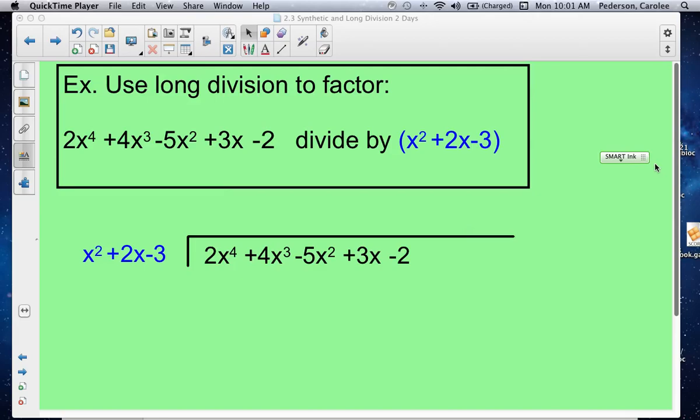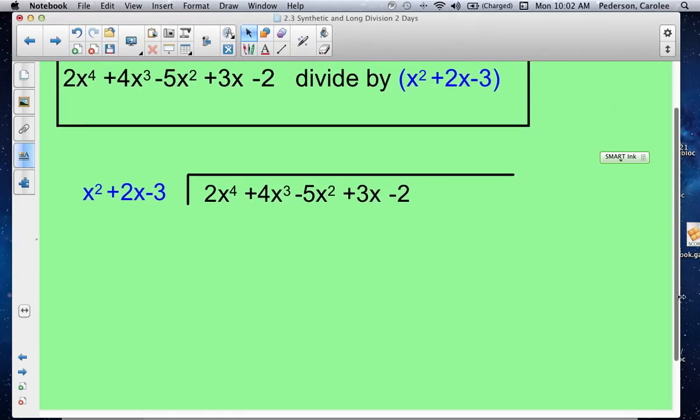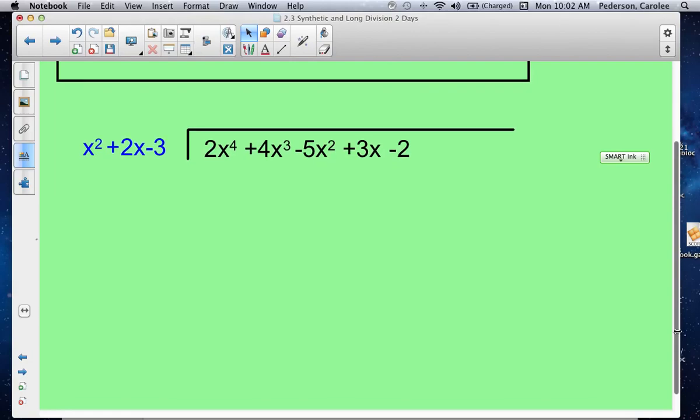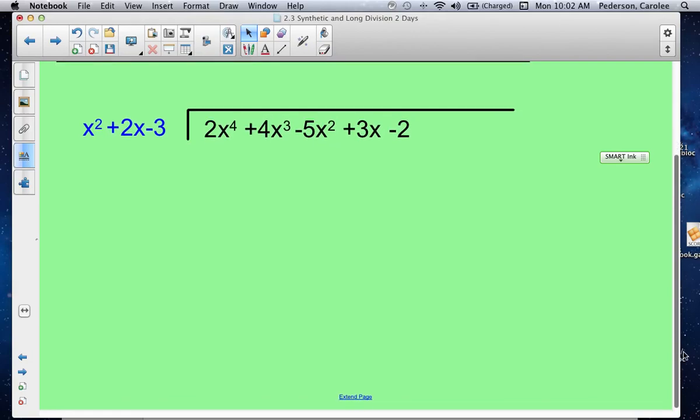So now we have a quartic dividing a quadratic. Look to see that you have all your placeholders underneath that division symbol.